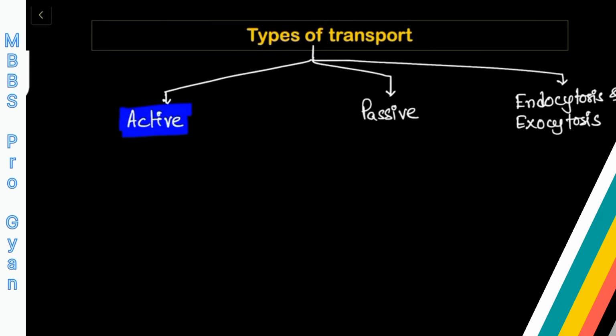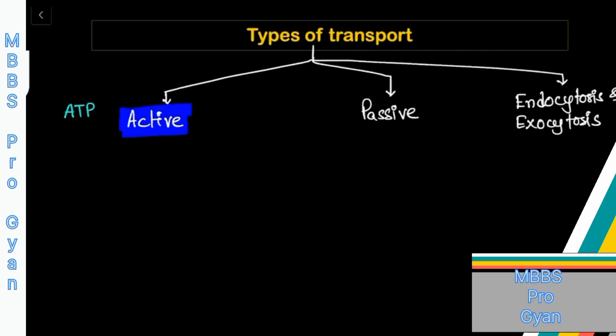All of you know, active transport means this is energy dependent transport. You require a source of energy in the form of adenosine triphosphate. So two things: one is energy is required in the form of adenosine triphosphate, and second, active transport means transport will occur from low solute concentration to high solute concentration.